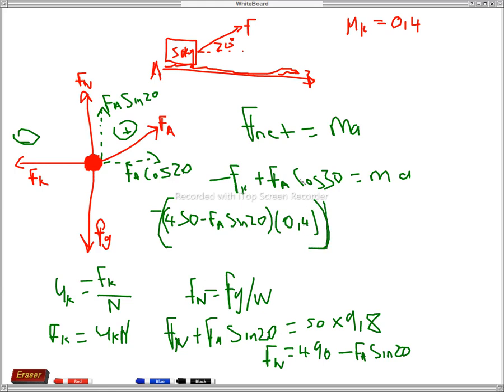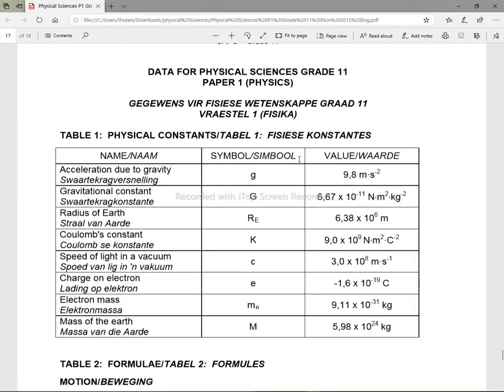Let me close my square brackets, plus Fa cos of 30 is equal to the mass, 50 kg, times a. Let me go back to my statement and refer to what I was given.